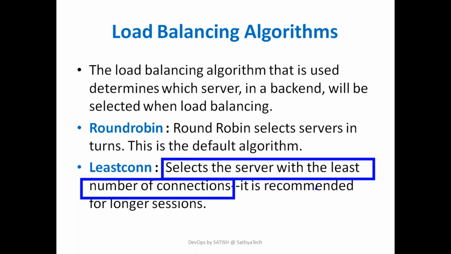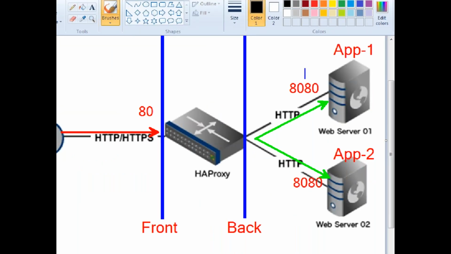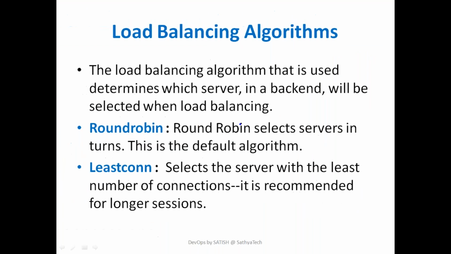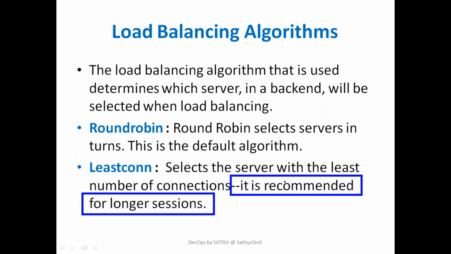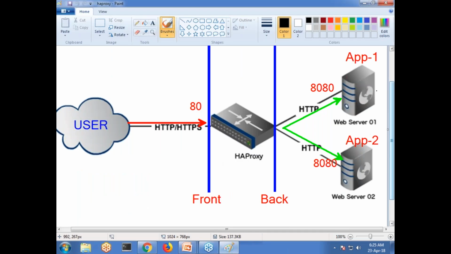Say my first server has 10 different requests and the second server has only 3 requests. A new request will go to server 2, which has the least connections, right? Least count is recommended for longer sessions. So if you maintain longer sessions, least count is always preferable.